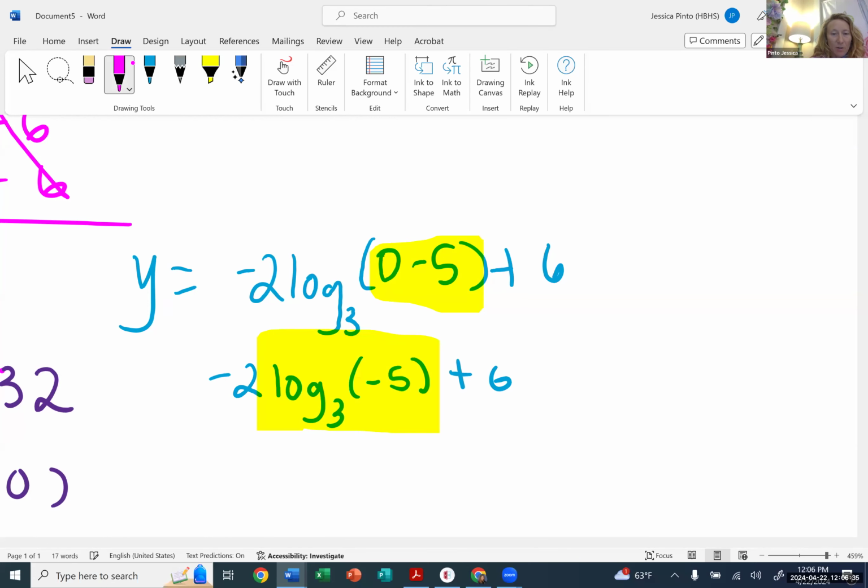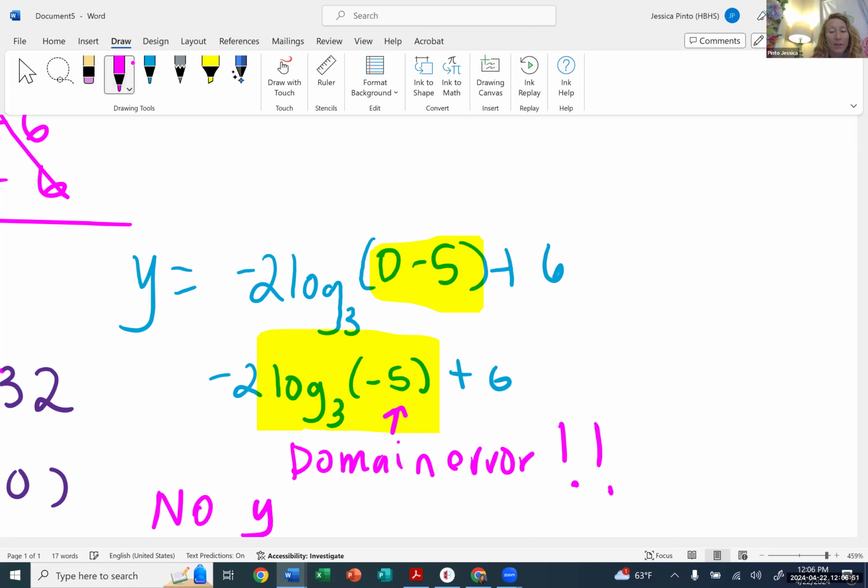This is a domain error. This number in here has to be positive. So because it's a negative, this means that there's no y-intercept. So this function doesn't cross the y-axis, but it always crosses the x-axis.